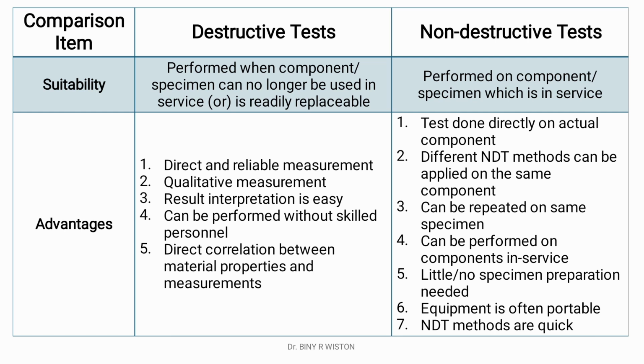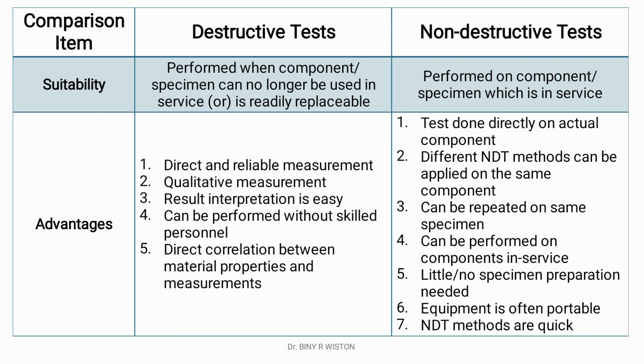Whereas in case of non-destructive testing, tests are done directly on the object and 100% testing on actual components can be performed. Different NDT methods can be applied on the same specimen and hence many or all properties of interest can be examined.